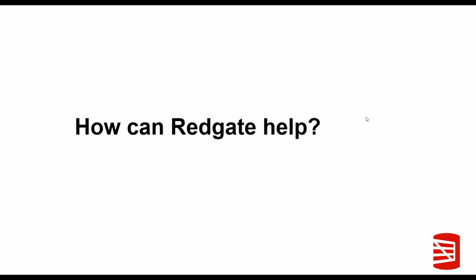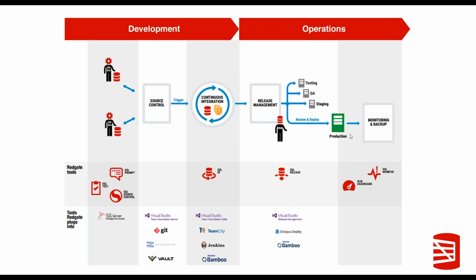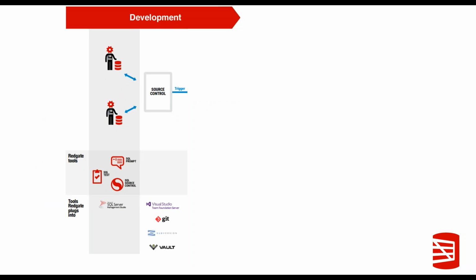So how can Redgate help here? Here's basically a diagram of the whole end-to-end process, starting from development all the way to operations. Starting from the left side, the developers work with the databases and make changes to them.